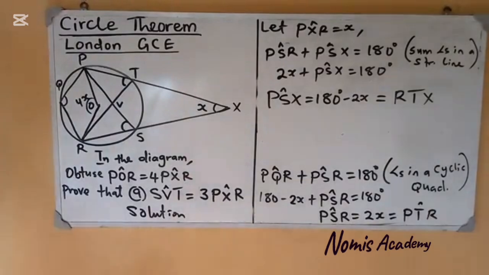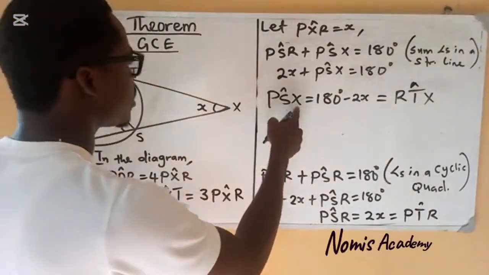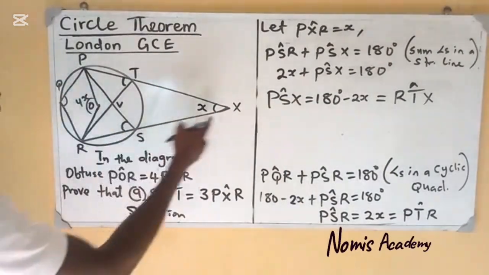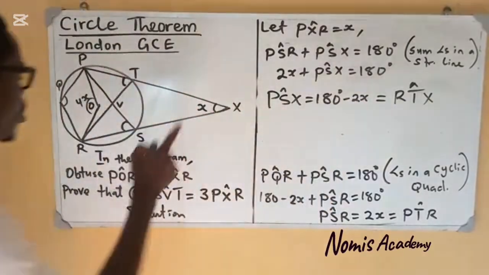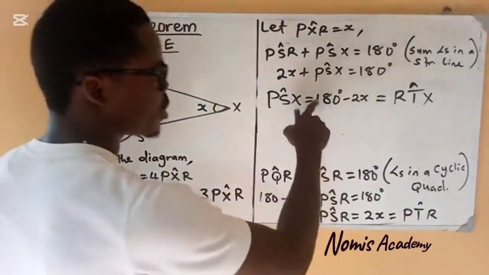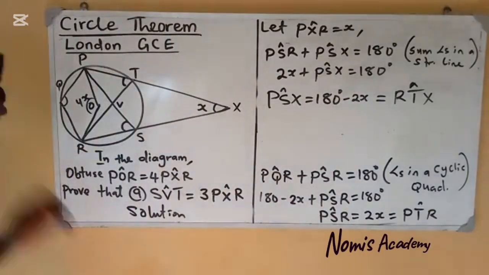So PSX is 180 minus 2x, and RTX is also the same thing, 180 minus 2x.